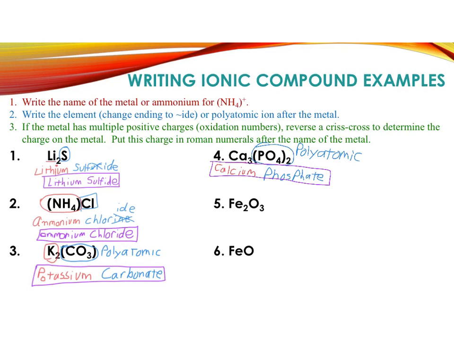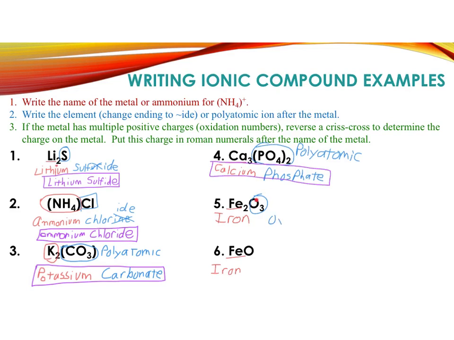Now in number 5 and 6, we're dealing with iron. Remember, iron was one of those 4 special ions we talked about several slides ago. But in each case, the Fe represents iron. So I named the metal, like the red step says.